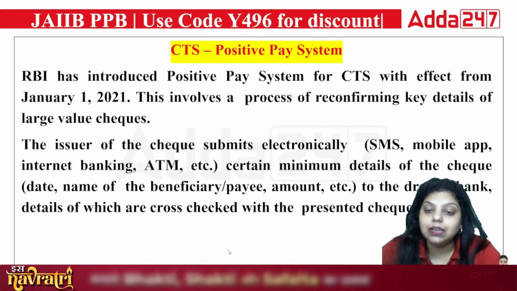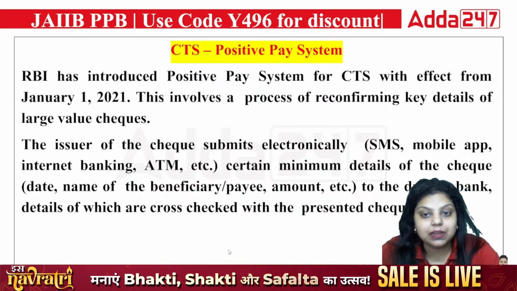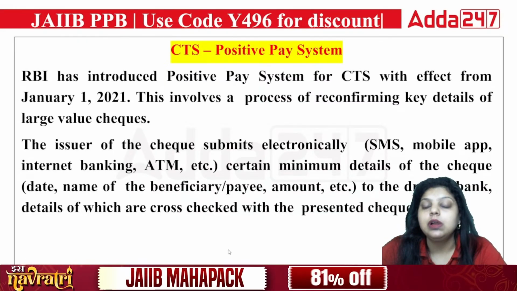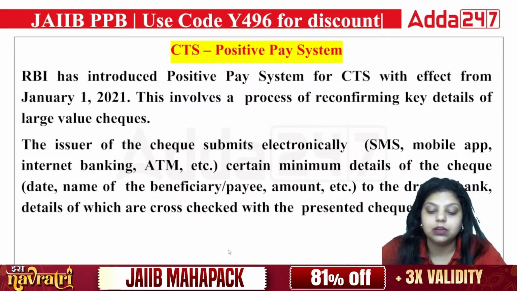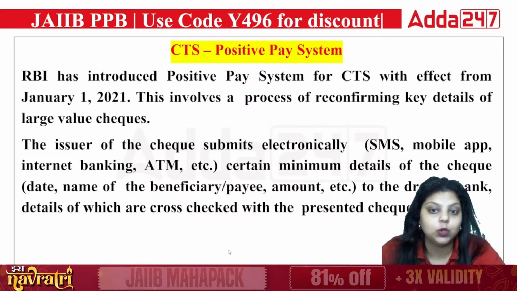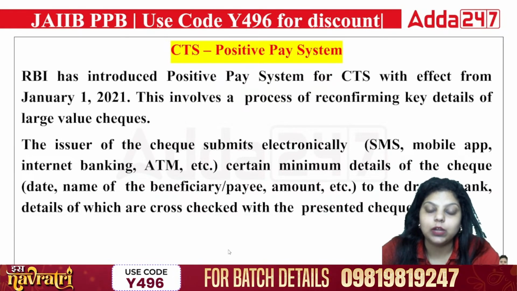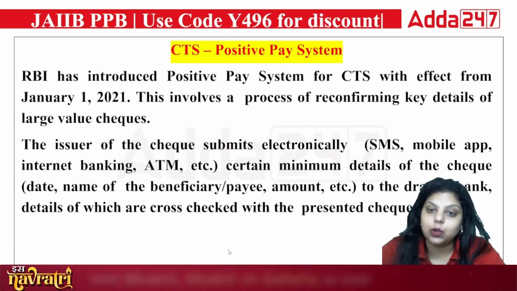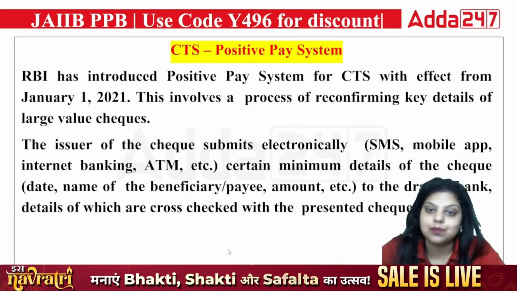The truncation of a check can only be done by a bank or clearing house. No person, issuer or maker of a check can do that. After converting it, they store the physical check with themselves only.